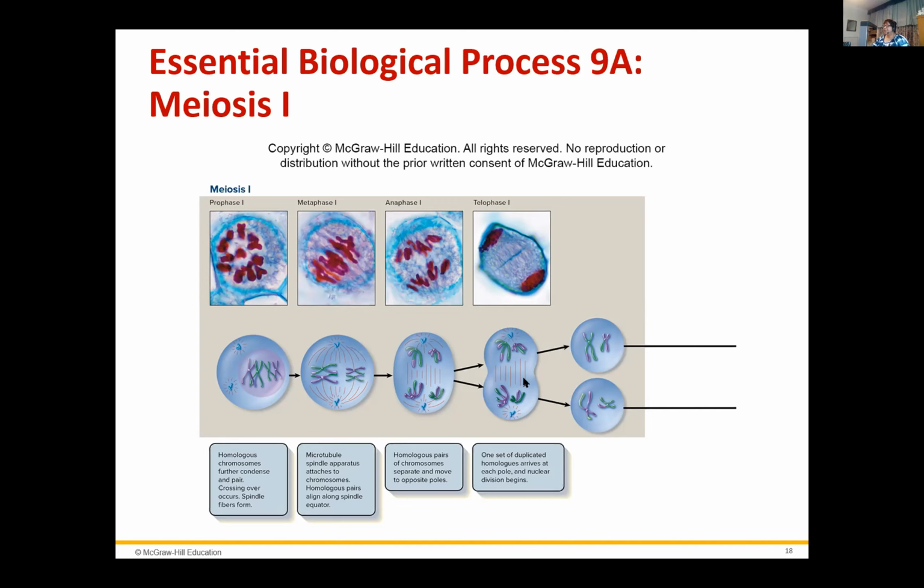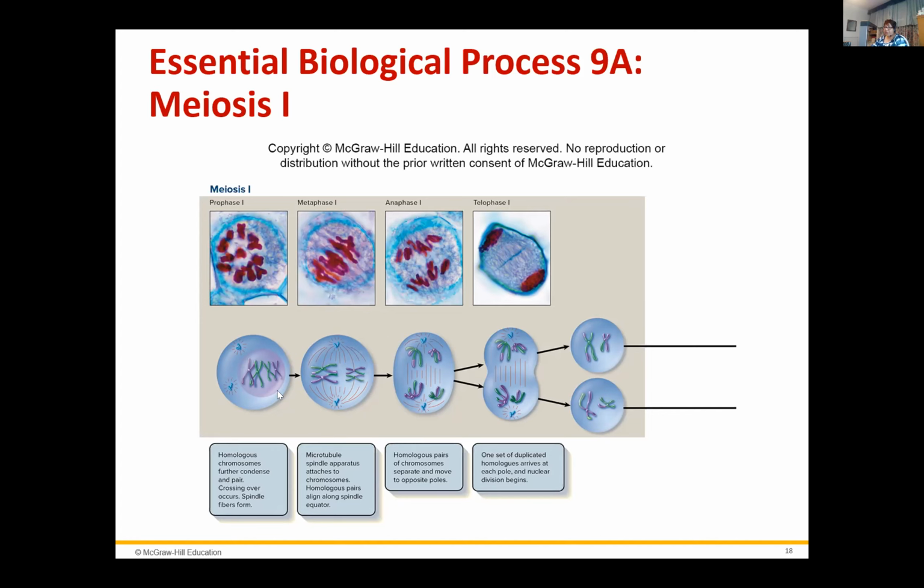So the end result of meiosis 1 is that you have 2 daughter cells. Notice that the DNA combination is not the same. Okay, the chromosomes are not exactly the same mixture of colors. And also, each cell has half as much DNA as the one that we started with.